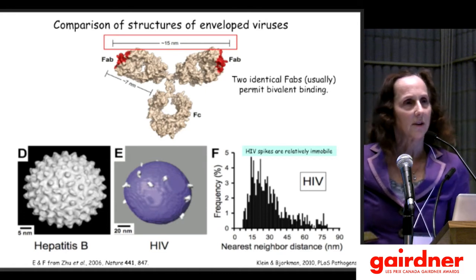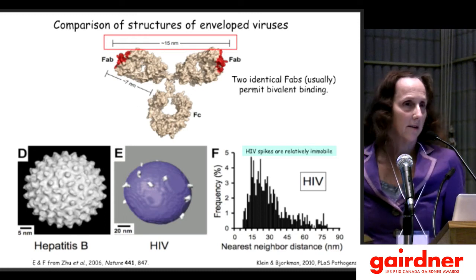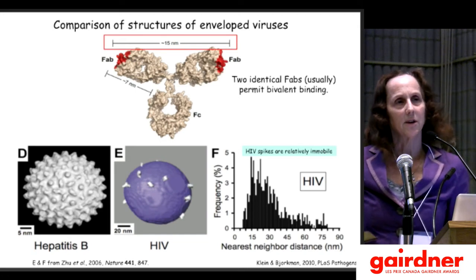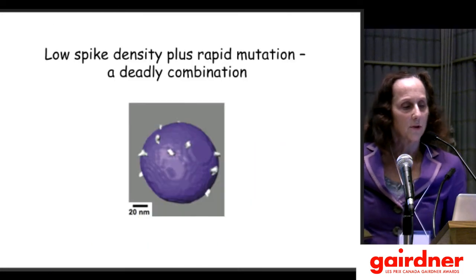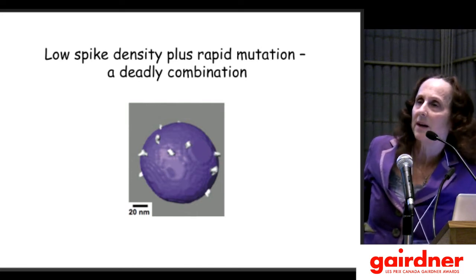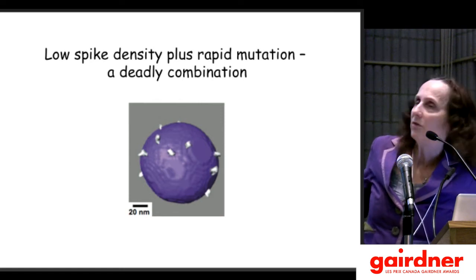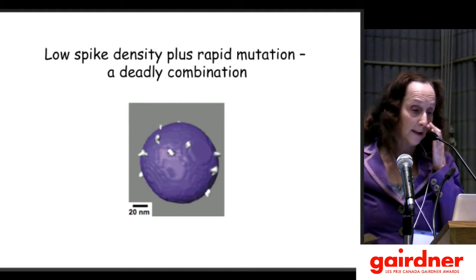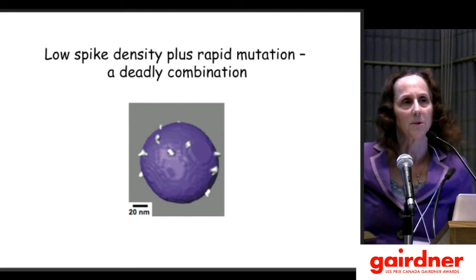as the mutation happens, the affinity of an individual arm for the antigen will go down because the spike is actually changed. Now, if you have avidity going for you, you can accept some of this mutation, so that what we're trying to say here is that one of the reasons that HIV is able to evade antibodies is that there's a low spike density, and if you combine that with the rapid mutation that HIV is capable of, that creates another reason it's a deadly combination here, because there's no so-called buffering against the effects of the mutation.